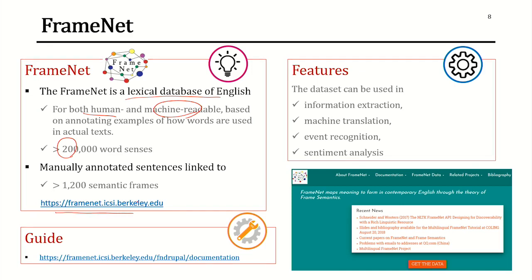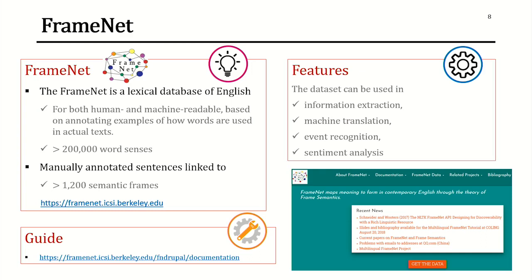This is the link to the official documents for FrameNet. We can also check the guideline on how we can get that information. We may need to install some related libraries or register some information so that we can retrieve it to be used in our research.